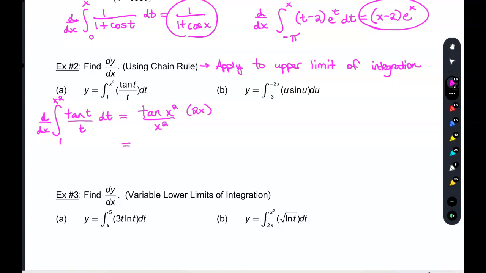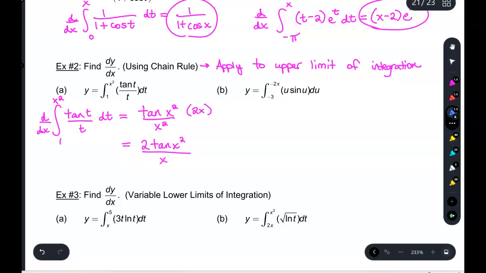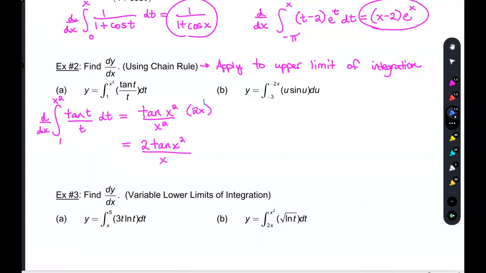And then we'll just put the 2 in front, so we'll make that 2 tangent x squared over x. Right? If I have an x to the first power over x squared. That's all we can do with that.